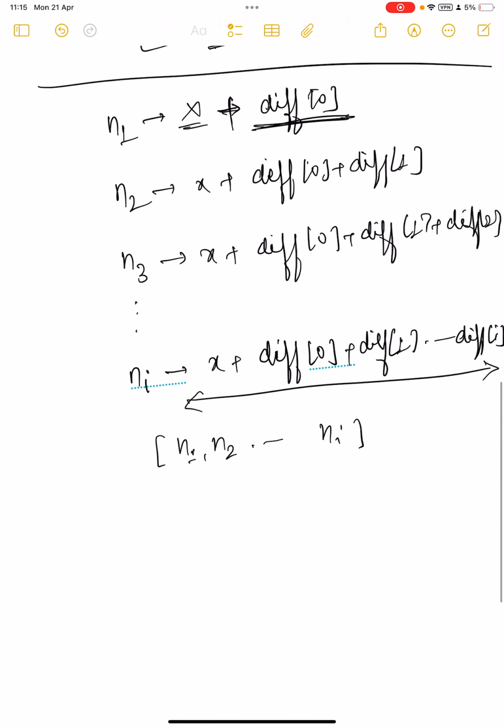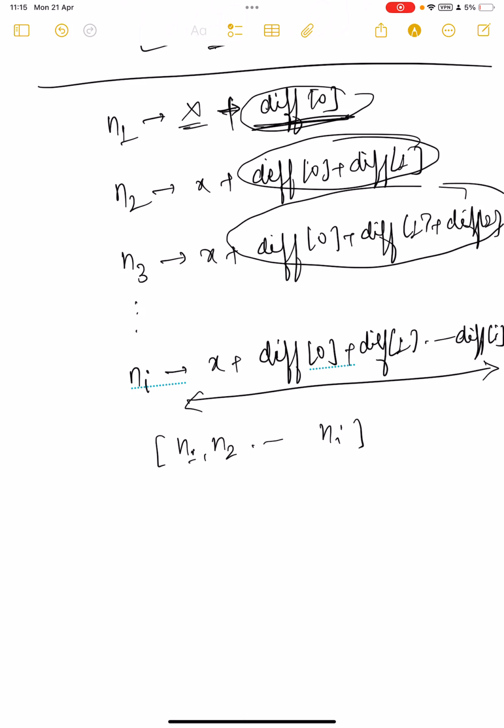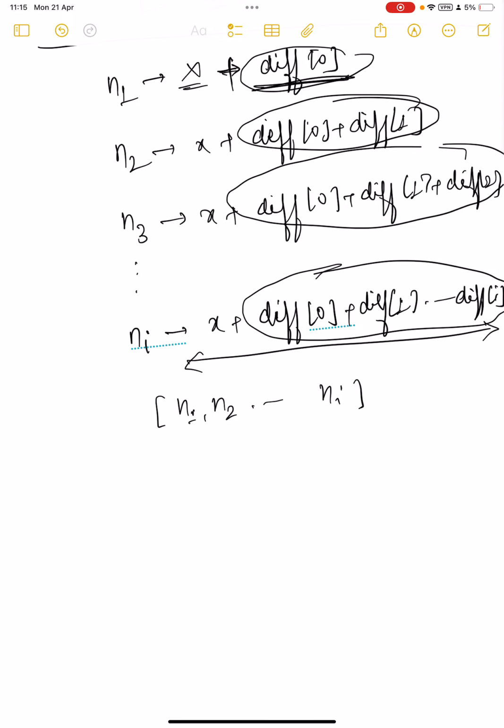Now if you notice, every time we are adding the next number, and you will recognize this is called prefix sum. So to find all of these numbers we can use the prefix sum. Now what you will see is, if we calculate the prefix sum, which is the sum of all of these numbers for each number, for example prefix sum 1, prefix sum 2, prefix sum 3, and prefix sum i.